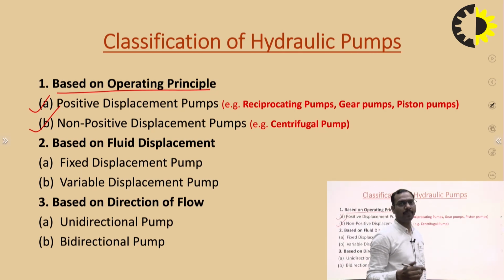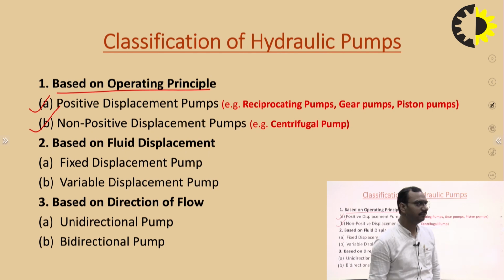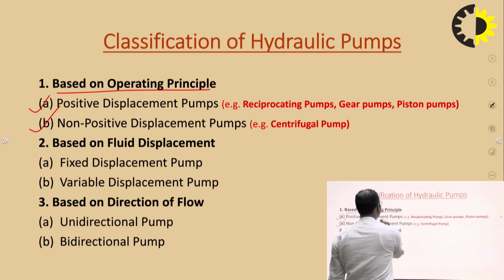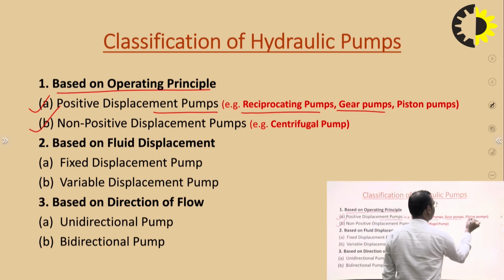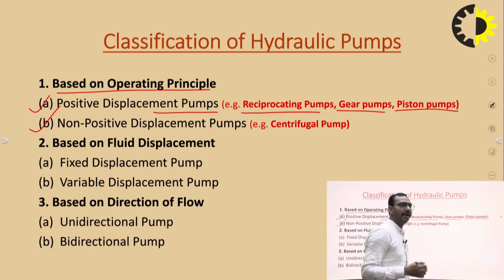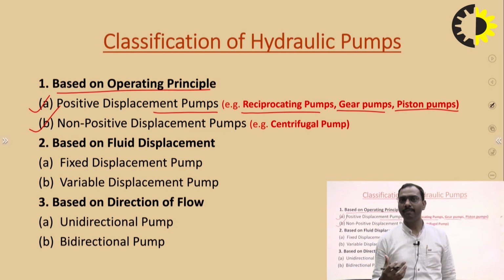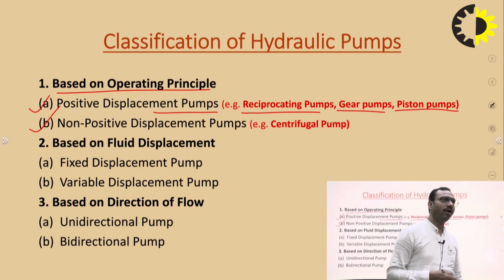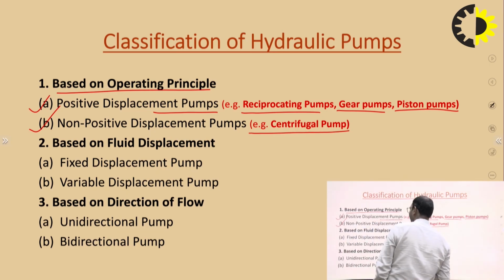If a pump delivers a fixed quantity of volume at every revolution, then this type of pump is called a positive displacement pump, like the reciprocating pump, gear pump and piston pump. And if it is not necessary to deliver a fixed amount in every revolution, then this type of pump is called a non-positive displacement pump, like the centrifugal pump.